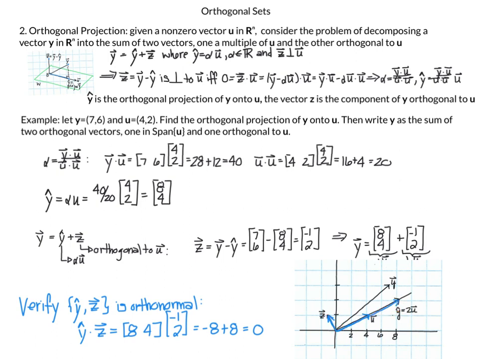So in other words, if we did our parallelogram, when we add z with 2u, completing our parallelogram law, we would get the vector y written another way. We have our vector u, we have our vector z, we write y as a linear combination of u and z. And in this way, that's why this formula, our alpha, looks exactly like the formula we had when we were finding coordinates of the first basis vector.